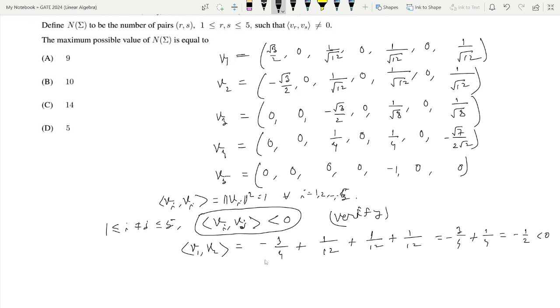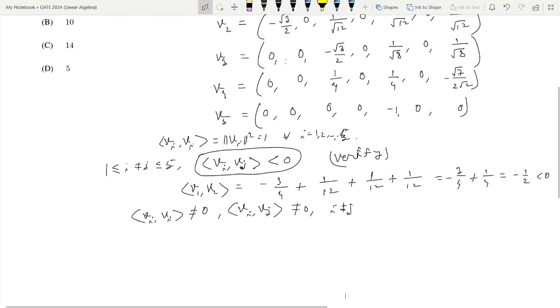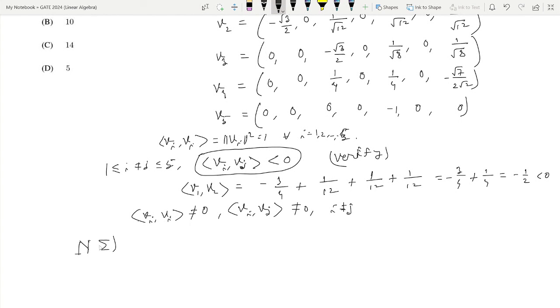As all such inner products are less than 0, and Vi inner product with itself is not equal to 0 because all Vi's are non-zero, we have inner product Vi Vj not equal to 0 for all such i and j. So how many elements are there in n sigma? n sigma contains all such pairs r comma s.